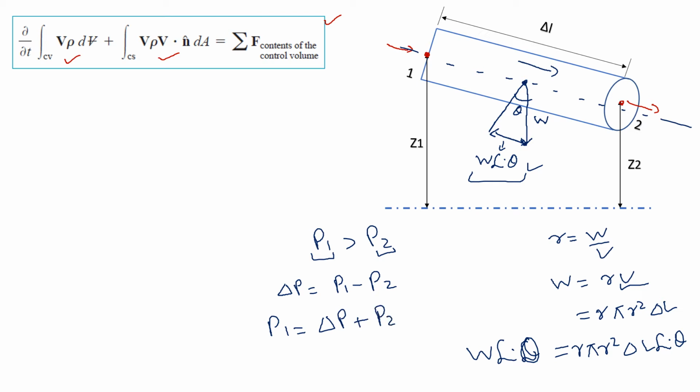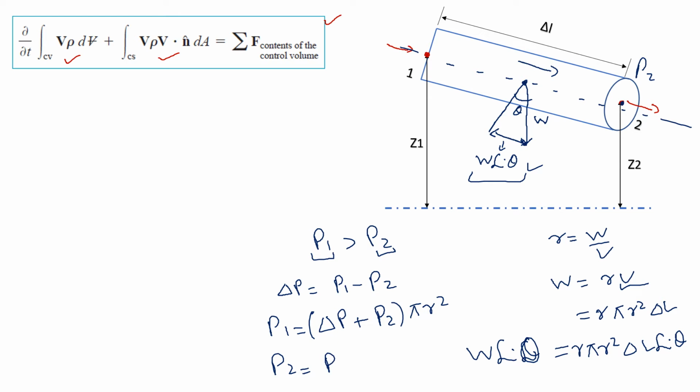Similarly, we are talking about summation of forces, so we will write pressure in terms of forces, so we will also multiply that with the area. Force is pressure into area, so that will be pi r square. Similarly there will be pressure at P2, and that will also be P2 into pi r square.